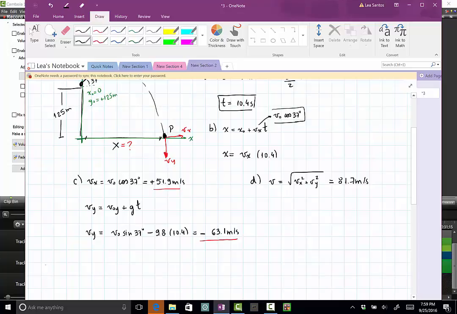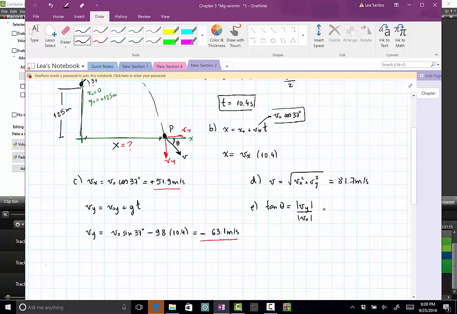Okay, this is the magnitude. How about the angle? How about the direction? For the angle, I'm going to use the tangent of theta. So theta is this angle here, so this is my final V. So we are trying to find this angle theta here. So the tangent is, I'm going to use just the absolute value of Vy and Vx.